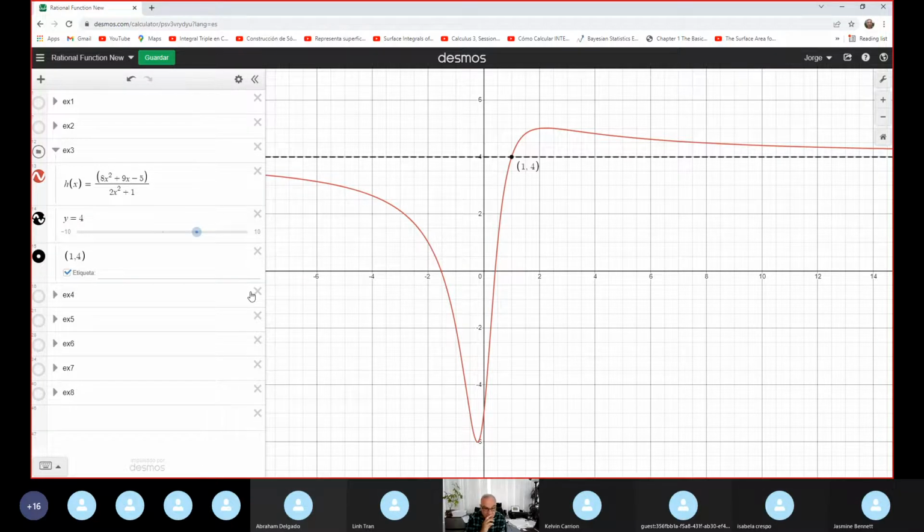Another scenario, the special case, is when the degree of q, the polynomial in the bottom, is bigger. In this case, yes, we have a horizontal asymptote, but at y equals 0. I call it the special case. Everyone follow me?